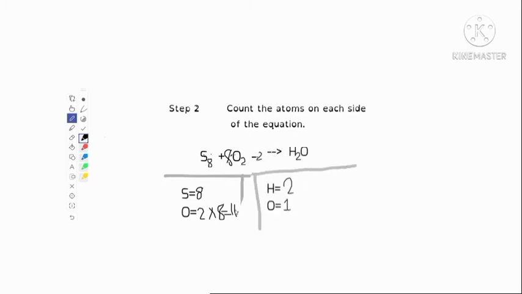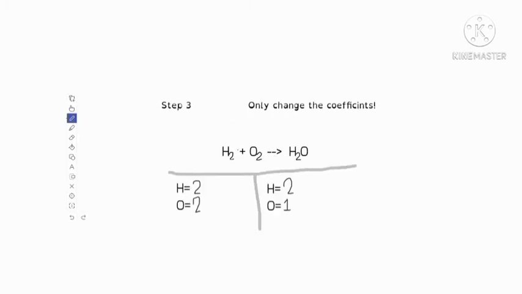So here is our step 3. Don't forget to only change the coefficients. Let's try another problem. Here you can see our equation, and on both sides our hydrogen is balanced, but the oxygen is not balanced. To balance it, we can put a 2 here. By putting 2 here, the oxygen will get multiplied by 2 and it will become 2.